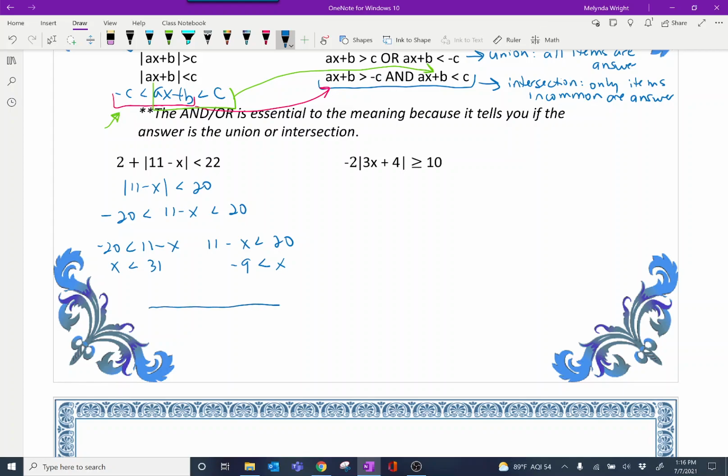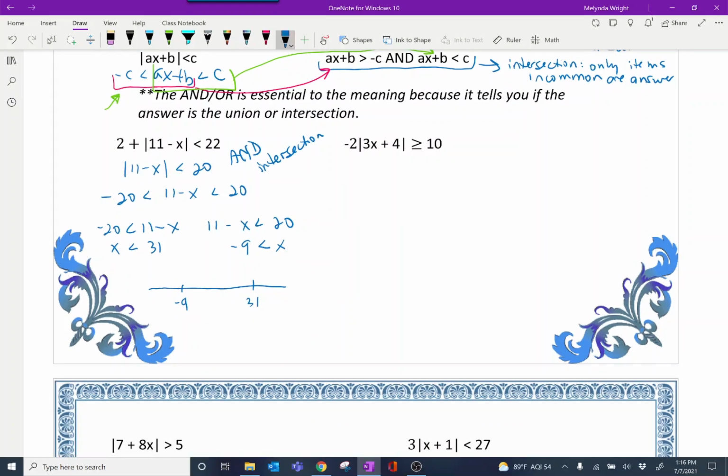So now we've got to graph this on a number line so we can determine what our answer is. Remember, this is an and, which means this is going to be an intersection. So only what is common to each of these inequalities is going to be the answer.